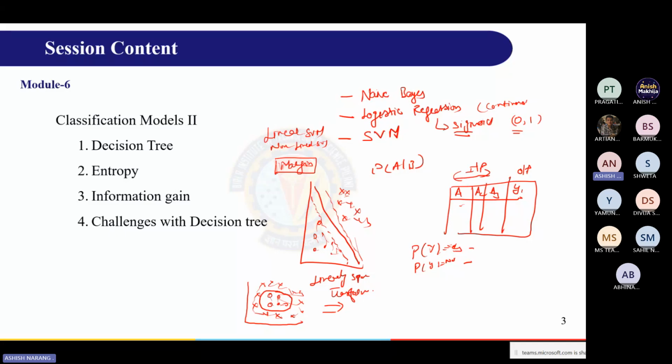But smaller examples you must have seen, when you transform using coordinates here and there, and then you are able to project the data in some way that you are able to fit a linear boundary. So using some transformations, we make non-linear data into something where you can fit a linear boundary to separate the two classes, right?